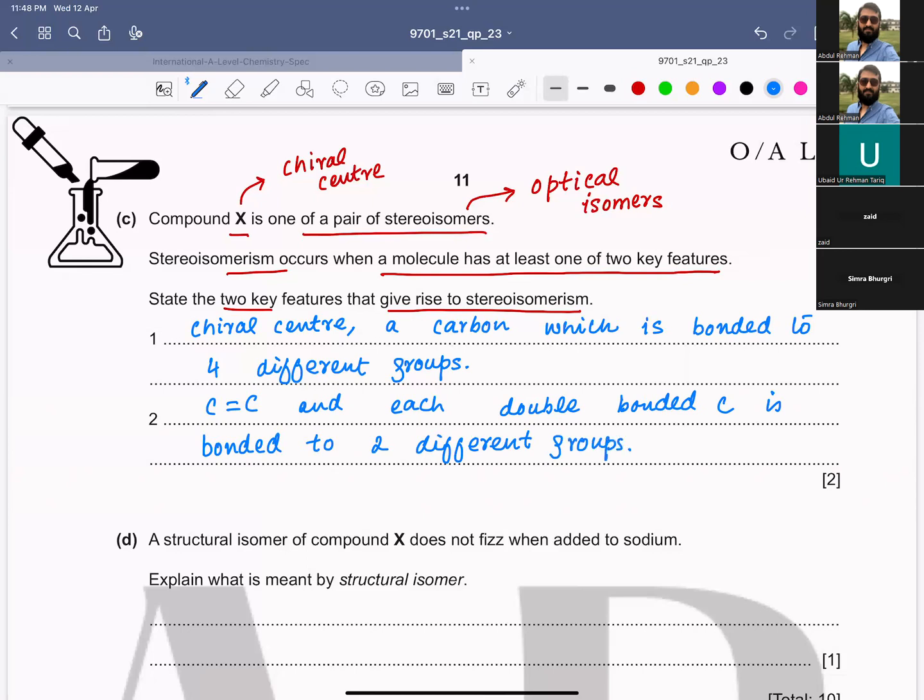Then geometrical isomerism can also be seen.